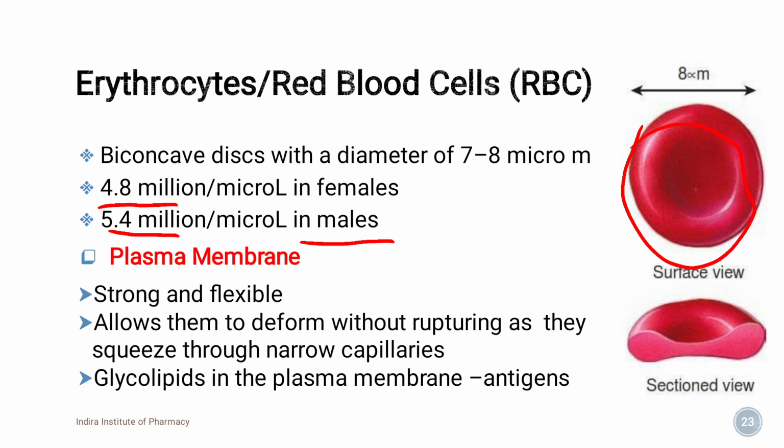Because of this feature, whenever they pass through blood vessels and capillaries, it allows them to deform their shape without rupturing as they squeeze through narrow capillaries. When circulating from blood vessels to capillaries, they tend to collide with the walls of the vessels, but because of their flexibility they don't rupture.